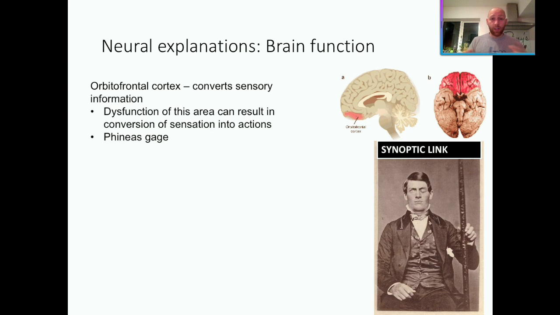And in a number of impulsive serial killers, there is very little activity going on. As a result, they do not control their impulses, they just behave. So the orbitofrontal cortex, we could see, might have some link as well to impulse control.